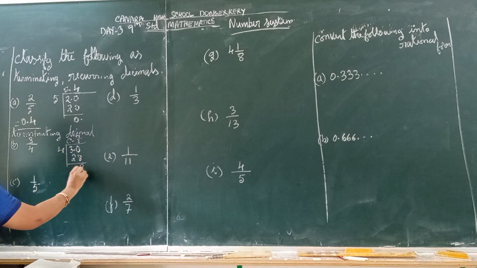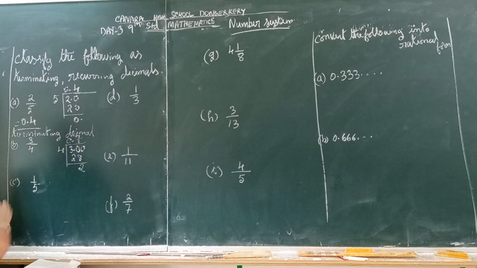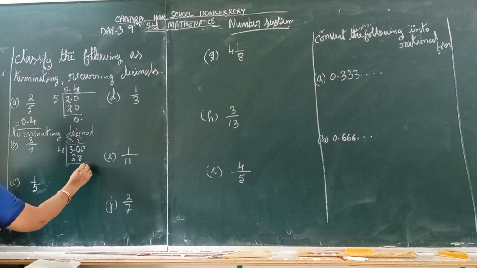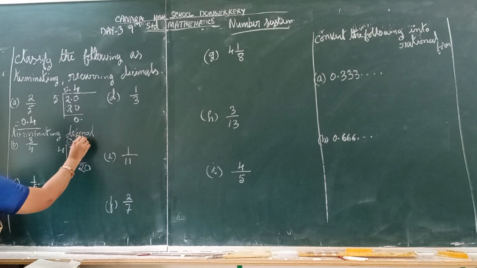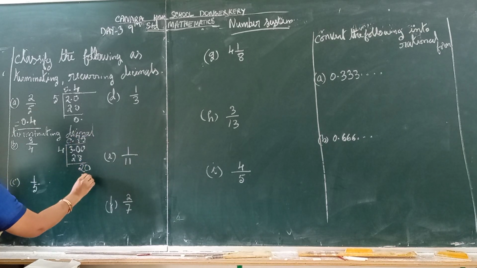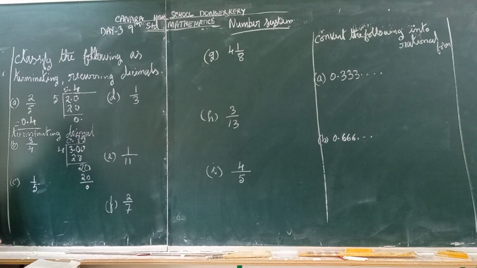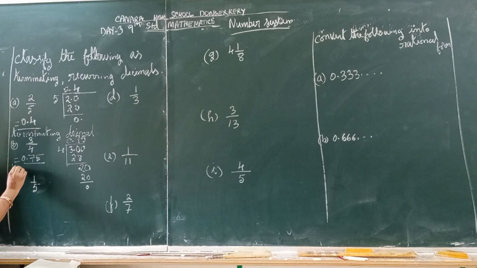What is the remainder? 2. We want to continue. Therefore, take one more 0. It will become 20. 4 5s are 20. Remainder is 0. Answer is 0.75. Division stops there. Therefore, this one is also terminating.